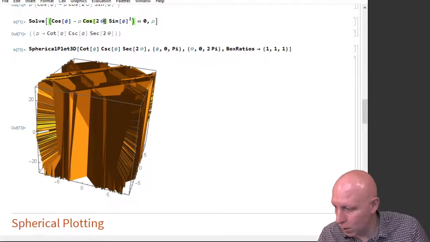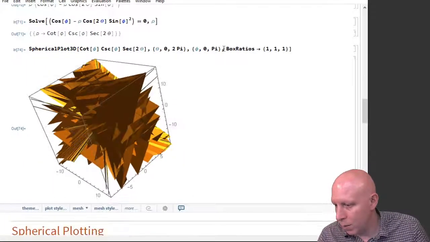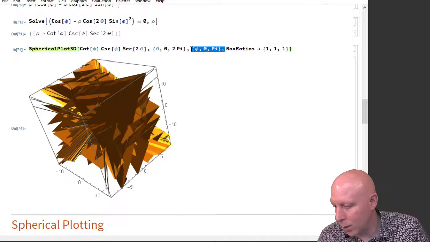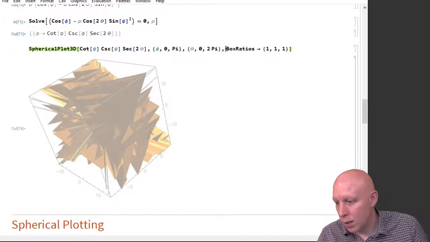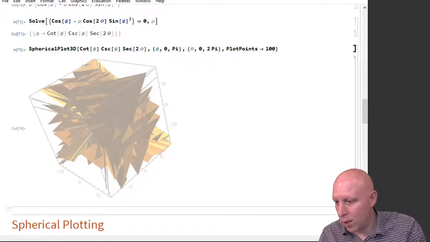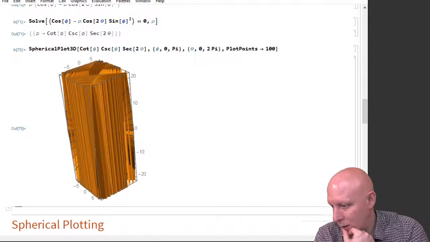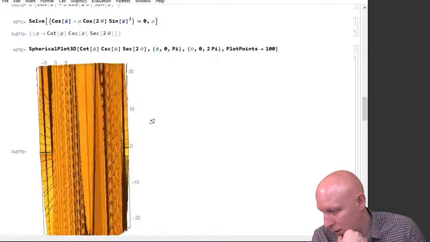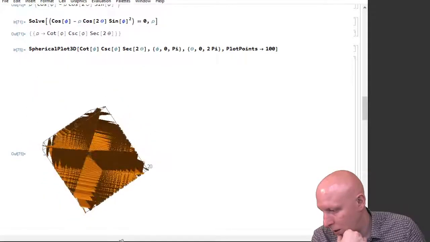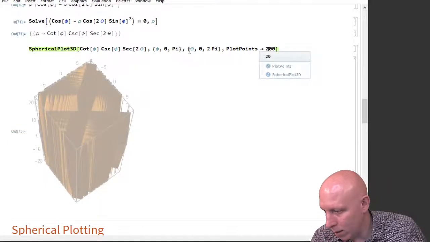I wonder why it's not working. Probably it has to do with the number of plot points that I'm using. So let's see what happens if I did plot points goes to 100. And let's see how nice that looks. We're getting there. Maybe more points would give us something even better.